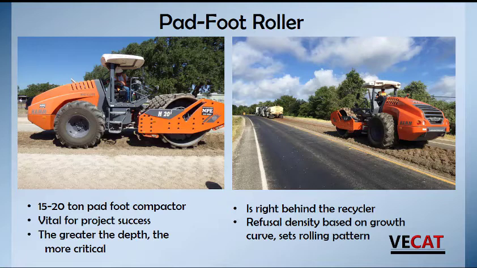If we don't get a heavy enough roller or a pad foot particularly, we start over compacting the top layer and the bottom layers of the mat are not fully compacted. So our density numbers show off a little bit because it's averaging over the full depth. And eventually the road will settle and fail in those spots. So as it says here, it's vital for the project's success. The greater the depth, the more vital it is.